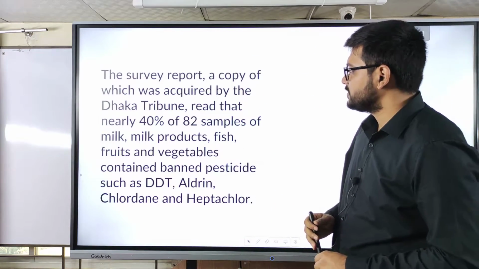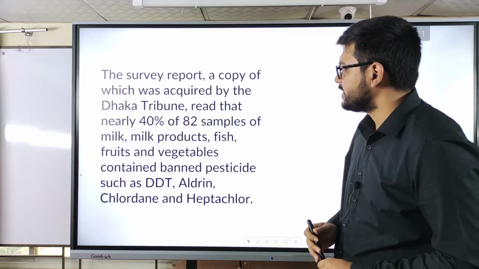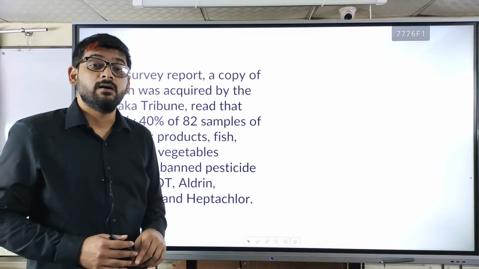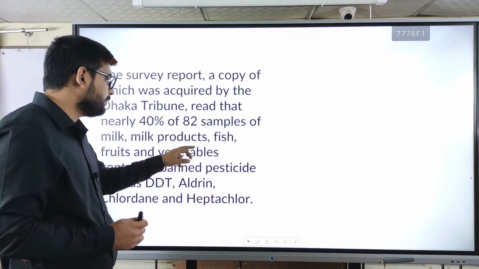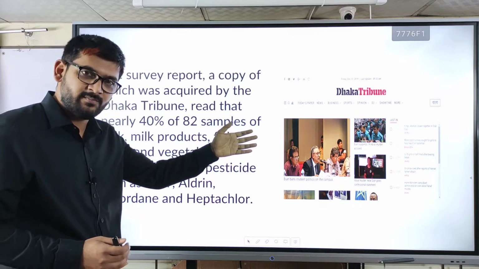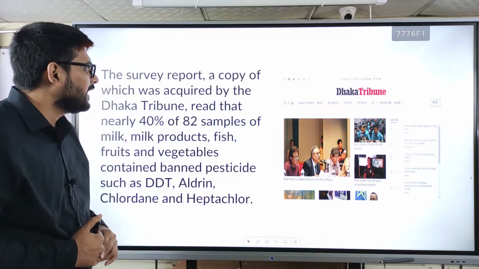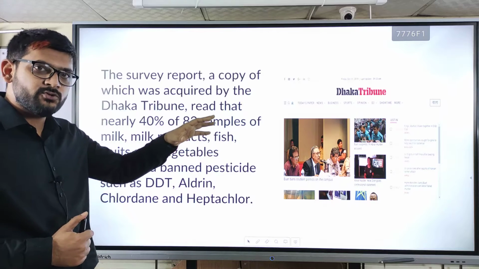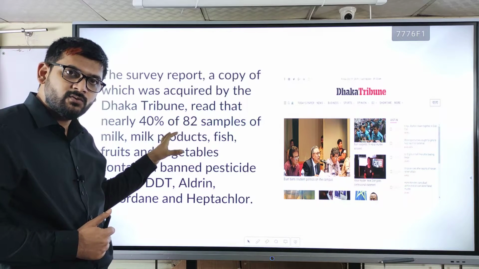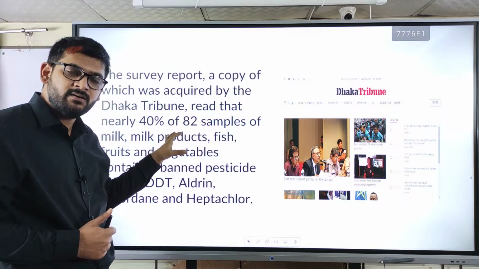The survey report, a copy of which was acquired by the Dhaka Tribune. Dhaka Tribune is an online-based newspaper. You can see the homepage of Dhaka Tribune from a year back, and the Dhaka Tribune reported this whole text we are now going through. It is a report of Dhaka Tribune.